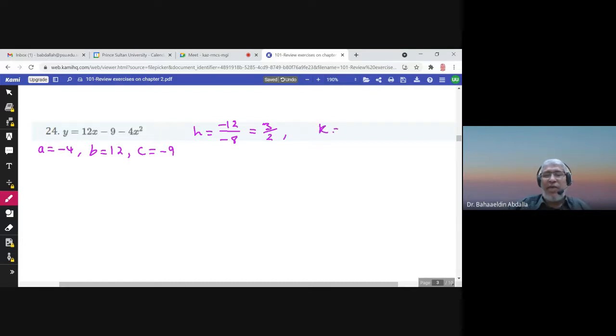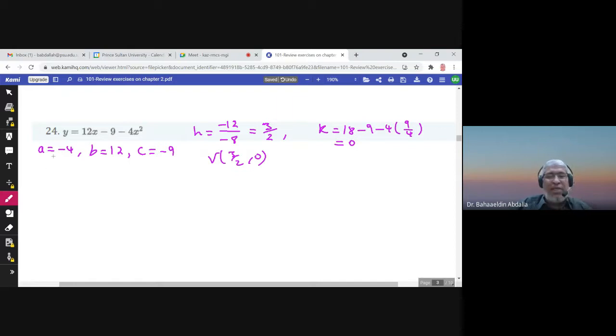And k would be 12 times 3 over 2, which is 18, minus 9, minus 4 times 3 over 2 squared, which is 9 over 4. So 4 cancels with 4. And then I have 18 minus 9 minus 9. So the answer is 0. So this means that the vertex has coordinates 3 over 2 and 0.